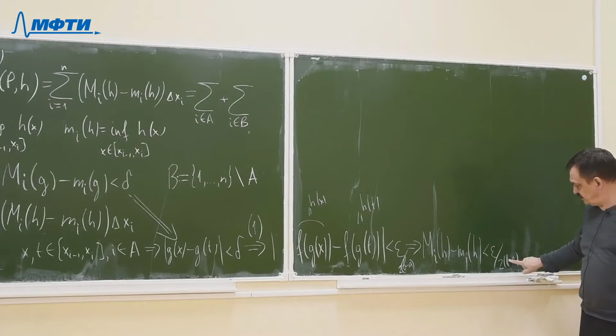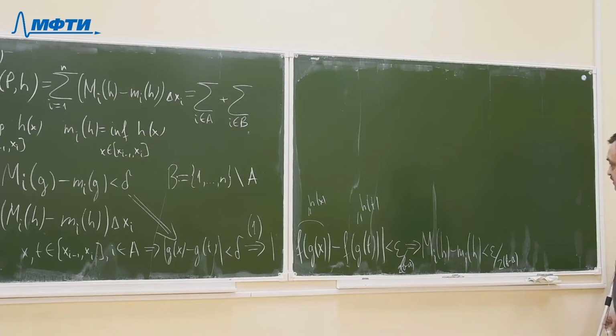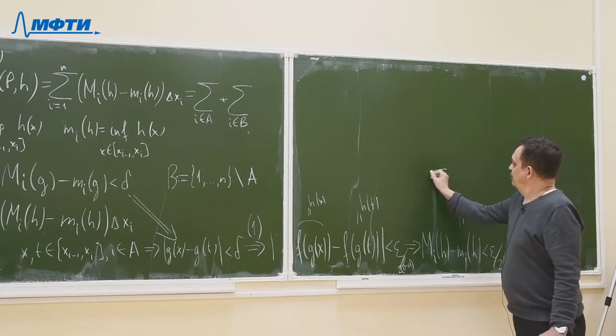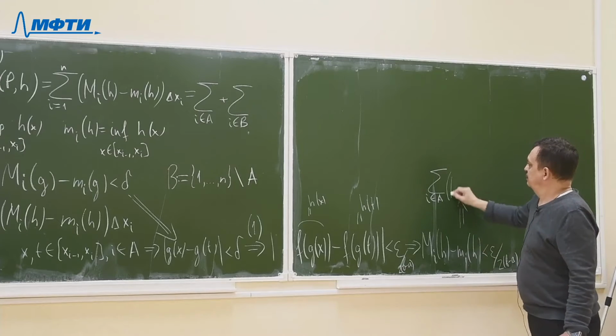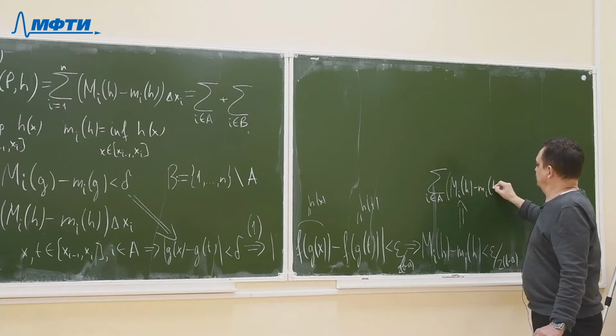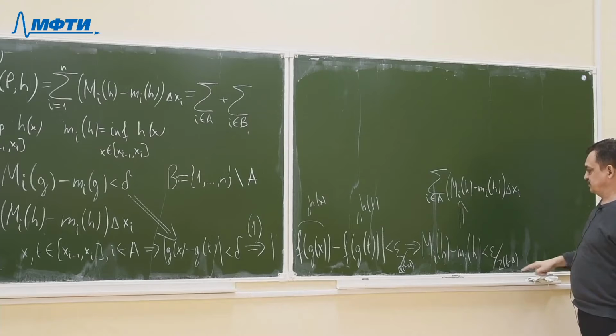Then it will be better. Why? Because now I can estimate the sum over indices i in capital A of (M_i of h minus m_i of h) times delta x_i.